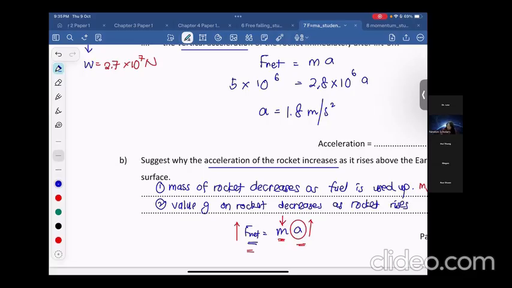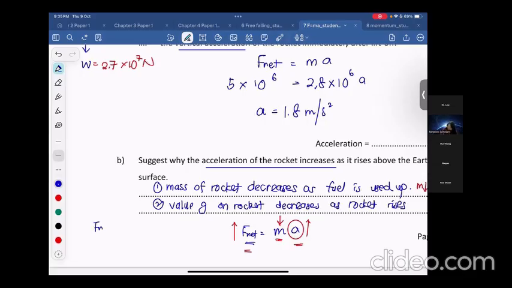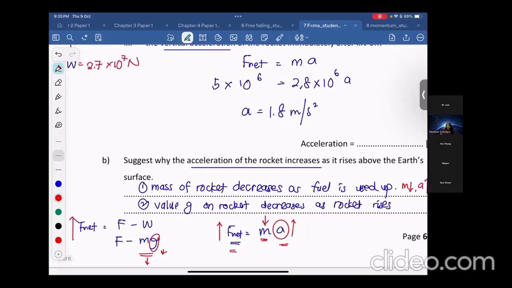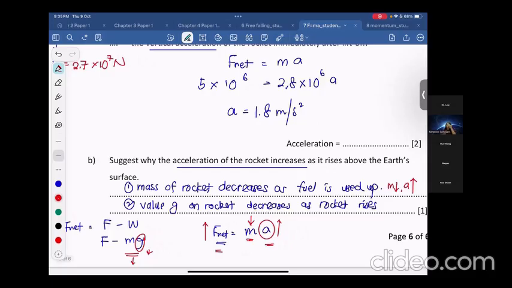Your net force is your force minus your weight. Weight is mg. If your g is small, that means overall it is a small value, so your resultant will become higher. Resultant higher, then your acceleration increases. Or more easily understood, the mass decreases, so your object can accelerate.